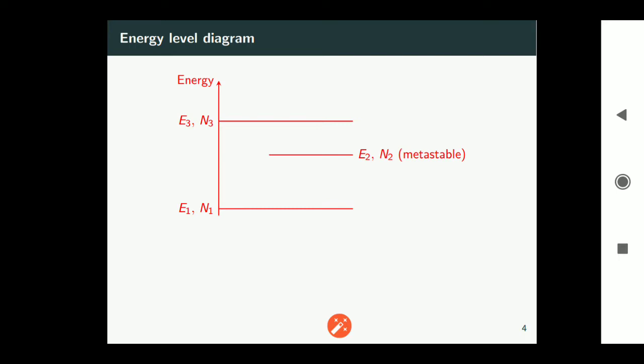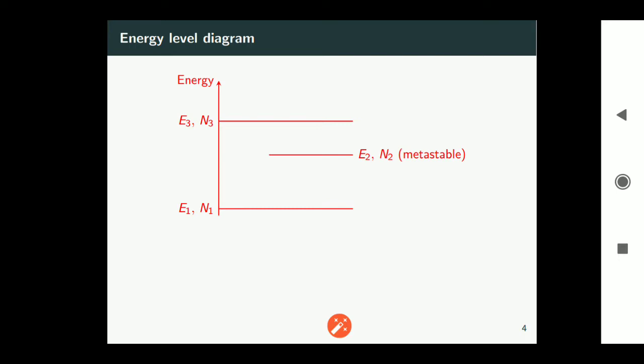The lifetime of normal excited states is of the order of 10 power minus 8 seconds, whereas a metastable state will have a longer lifetime. It could be milliseconds; some metastable states could even have lifetimes of a few seconds. This is the general picture of a three-level system.